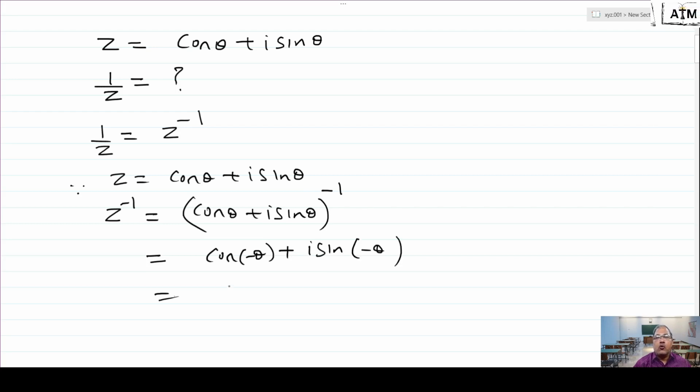Cos of minus theta is plus cos theta, sin of minus theta is minus sin theta. Therefore cos theta minus i sin theta equals 1 upon z. Thus by using de Moivre's theorem, if you know the value of z, you can easily find the value of 1 upon z as well.